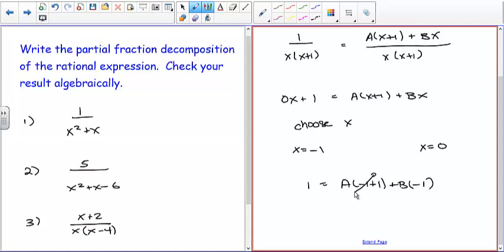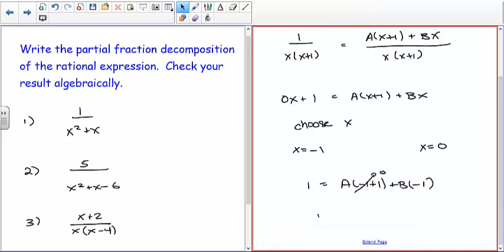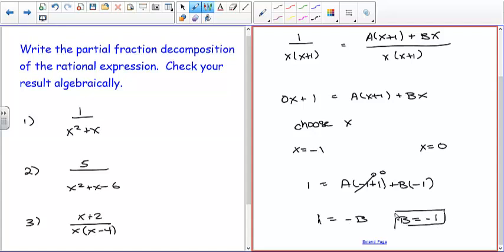You can see this goes to 0, so what we're left with is 1 is equal to -b, or b equals -1. So that's the first thing that we find out.